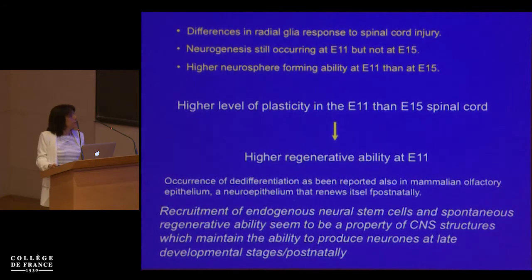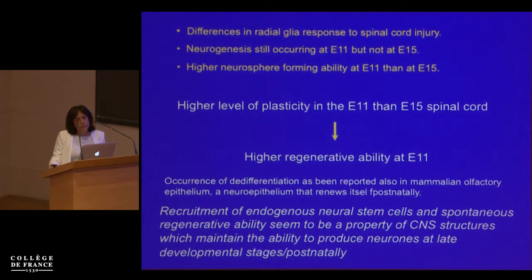our take-home message is that basically you can recruit stem cells for regeneration when you are in an environment that is already permissive for that, and there are cells that are already doing the job at a lower level.